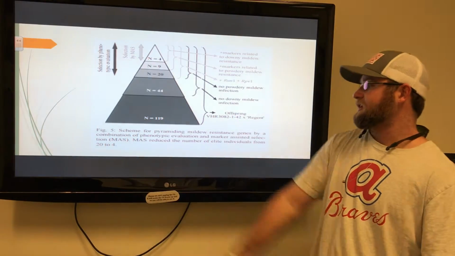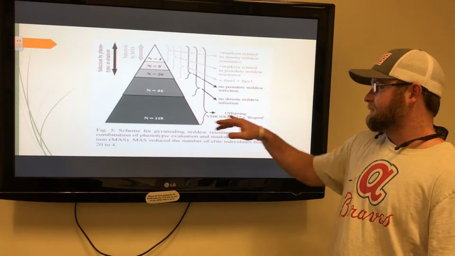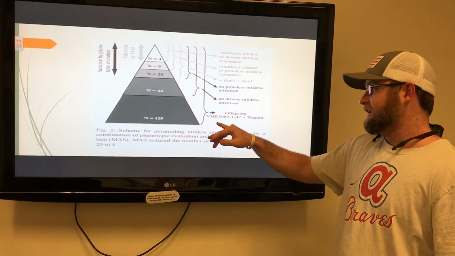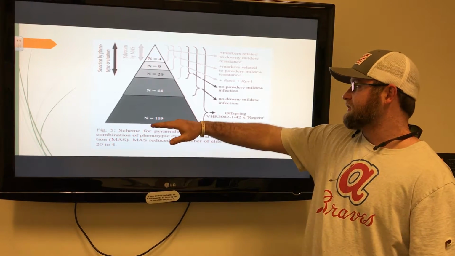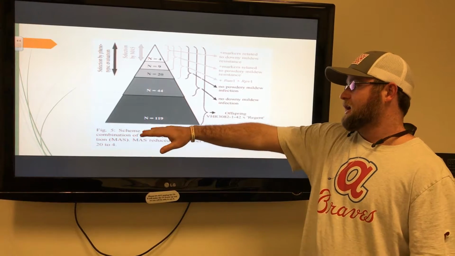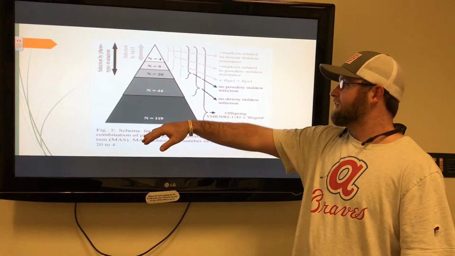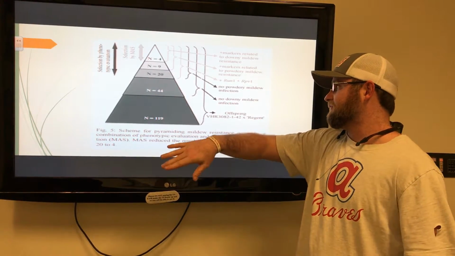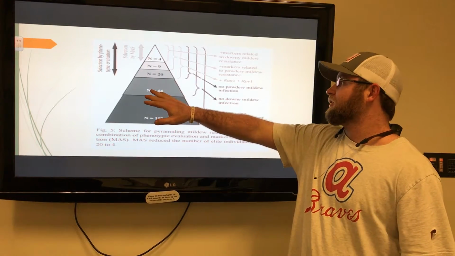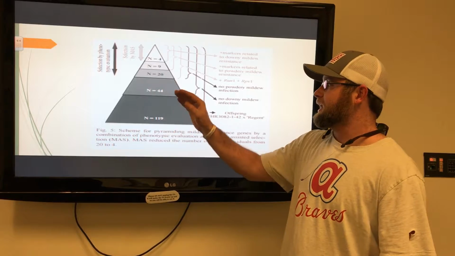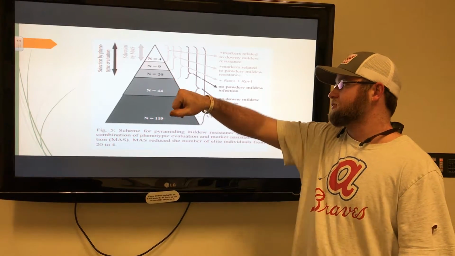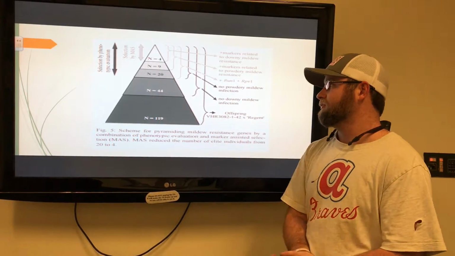So, like I said, you have 119 individuals, okay? This is going to be your total offspring of your VHR in your Regents. After that, they artificially inoculate all 119 with downy mildew, and you have 44 individuals that show no infection of downy mildew. After that, they artificially inoculate all 44 individuals with powdery mildew spores, and this shows that 20 individuals have no powdery mildew infection.